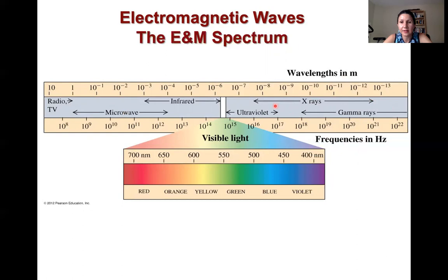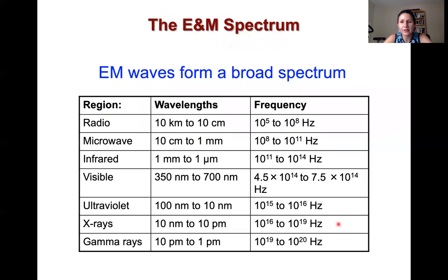So they create very high energy electromagnetic waves, such as ultraviolet, X-ray, and then the highest energy ones are gamma rays. So these breakdowns are a bit arbitrary, but here they are more or less, just what defines a wave which is infrared versus gamma ray. These are just imposed ranges of frequency that define that.